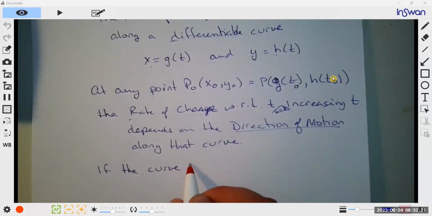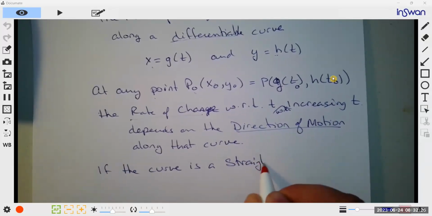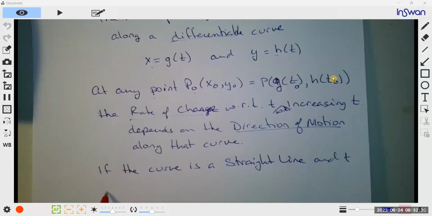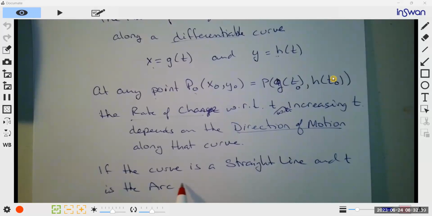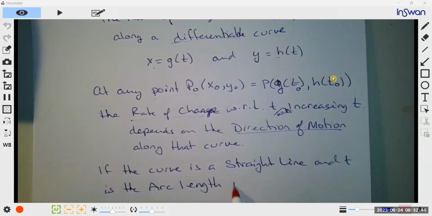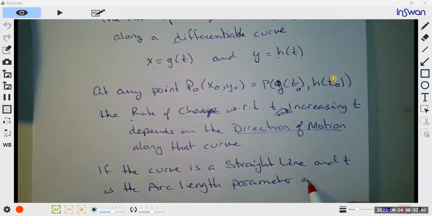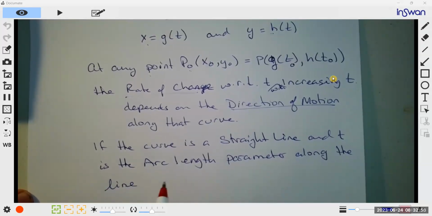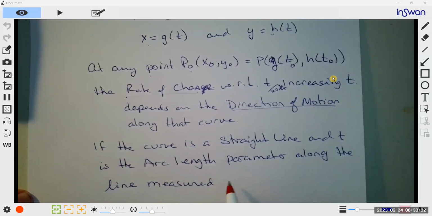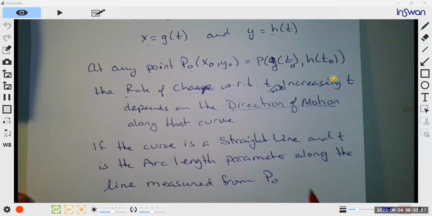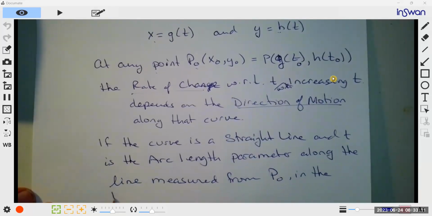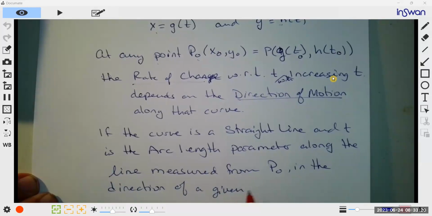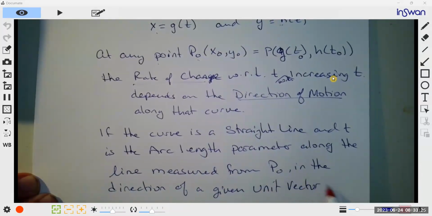So if the curve is a straight line and t in the domain is the arc length parameter, the length of the line measured from our p sub 0 in the direction of a given unit vector u.